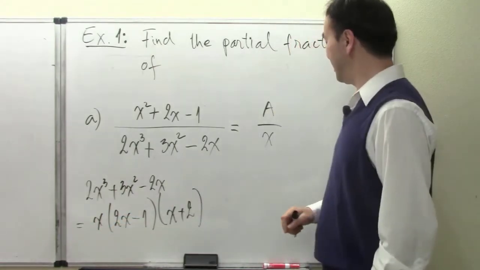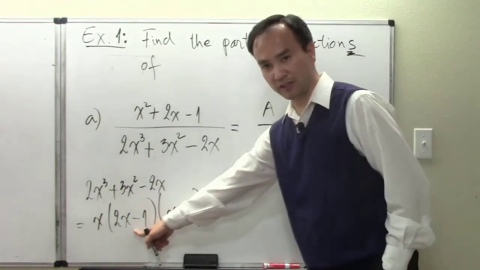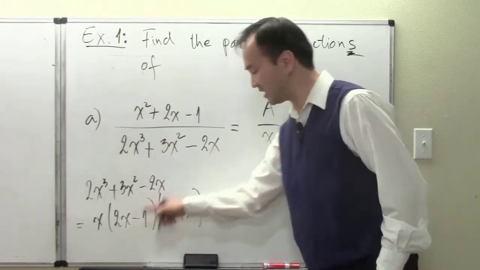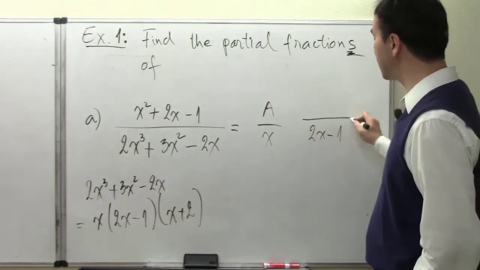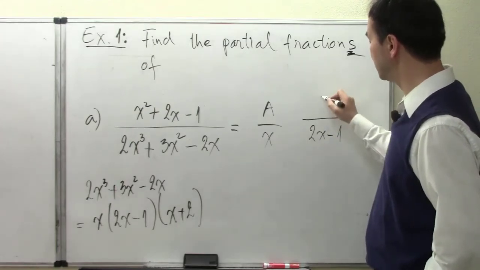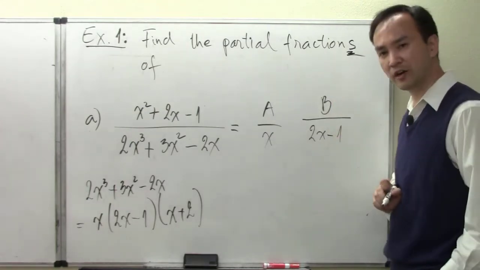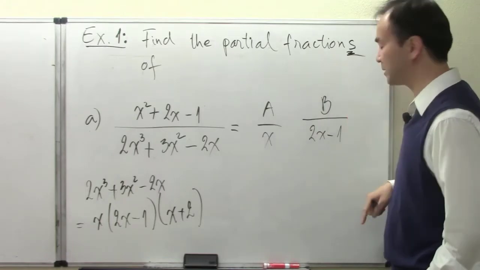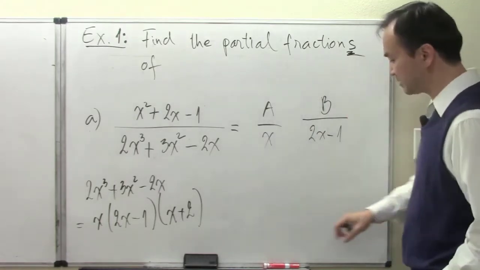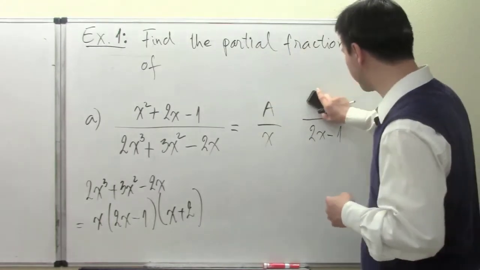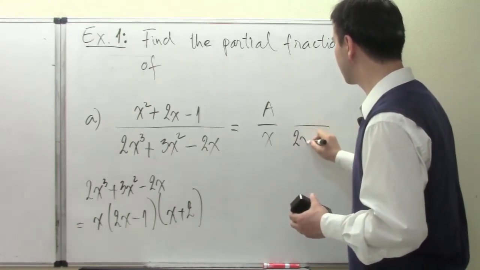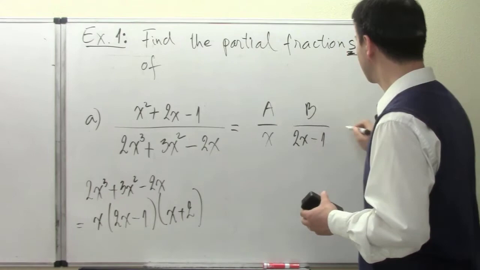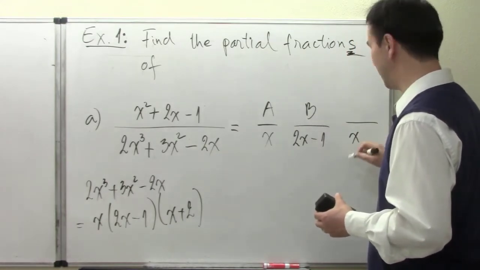And then there's another factor in this product, the 2x minus 1. So I need another coefficient on top of that 2x minus 1. And then there's the x plus 2.